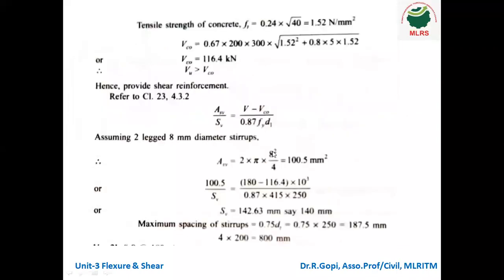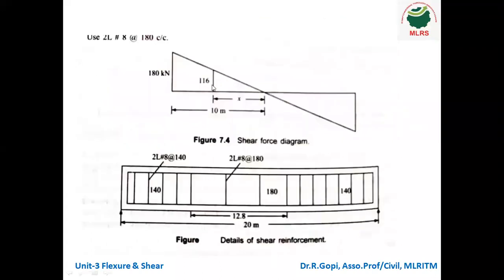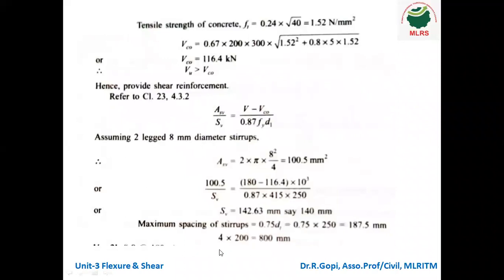Okay, students. So where did this 116 kilonewton come from? This 116 kilonewton we took from the Vc0 value. That means in that section, the shear carried by the concrete is 116 kilonewton.